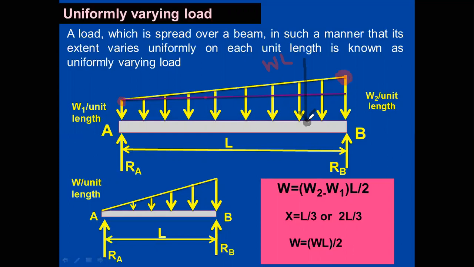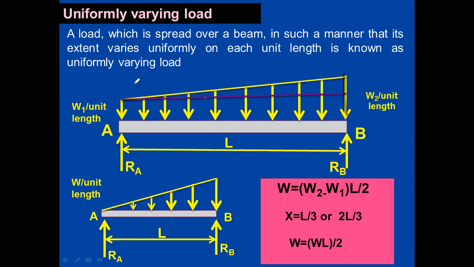But here it will be acting at a distance of L by 3 from the base of the uniformly varying load. To determine the base, the place where you get the maximum intensity of loading indicates the base of the beam.